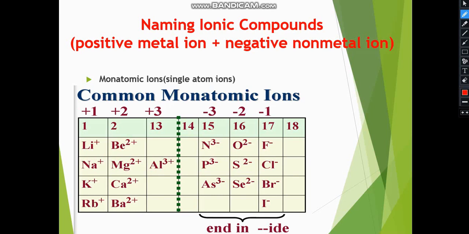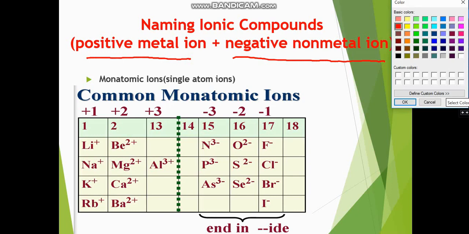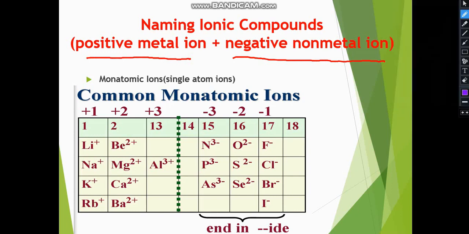Basically, an ionic compound involves a positive metal ion reacting with a negative non-metal ion. So when these two ions come together, they form the ionic compound. So let's look at some of the ionic compounds and how we name them.